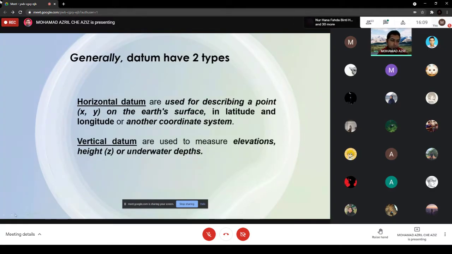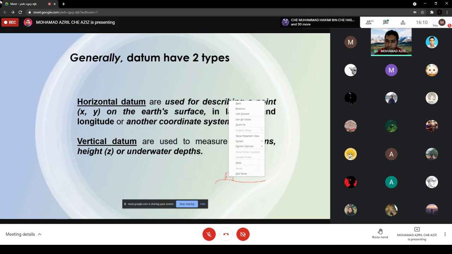Okay, so for example, in cadastral it is not involved with the vertical datum, but I want to explain about the vertical datum. In leveling, for example you have the benchmark. Ada monument, benchmark.